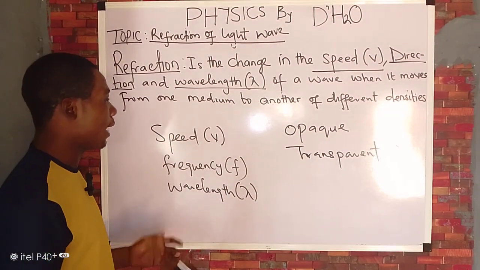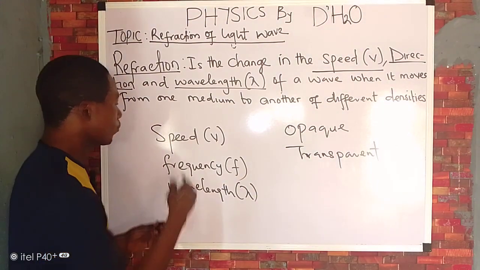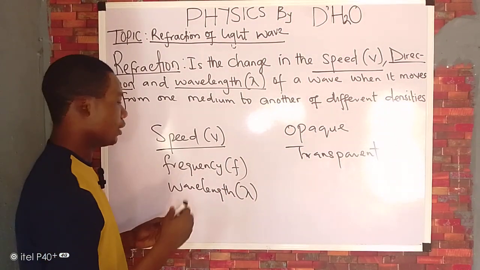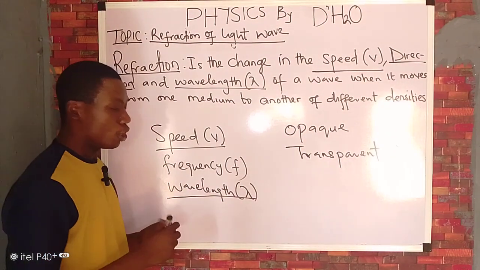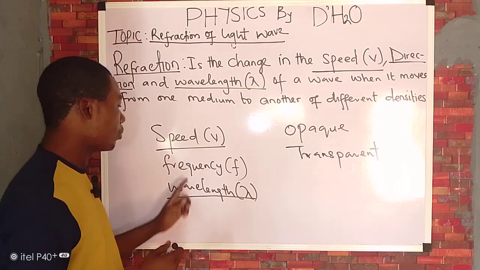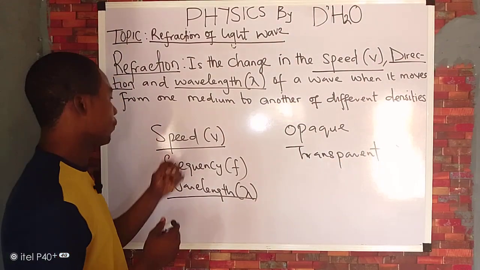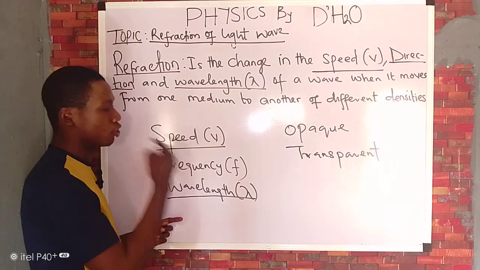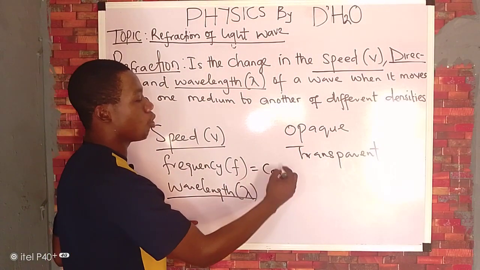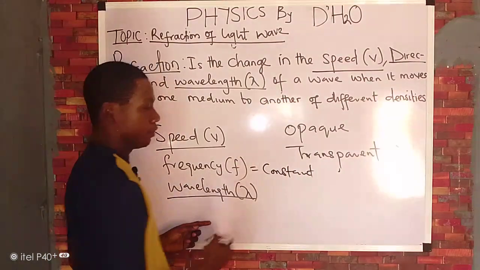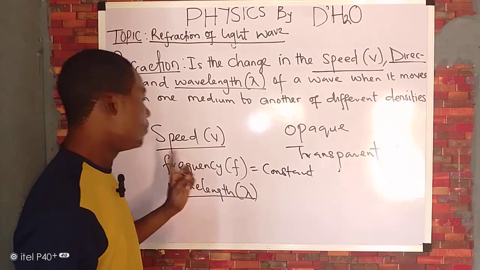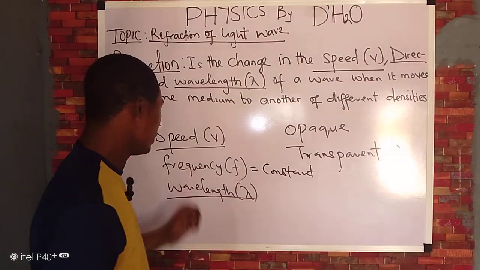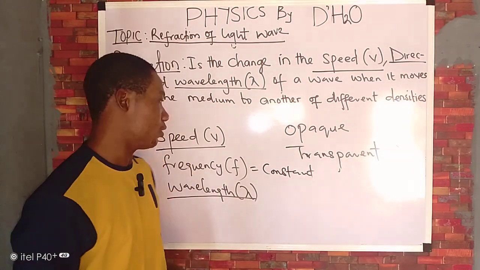So you discover that in refraction of light wave, the speed will change, the wavelength will change. The only parameter or variable that will not change in refraction of light wave is your frequency. So I want you to know that refraction occurs at a constant frequency. So the frequency remains constant while your speed and your wavelength change.